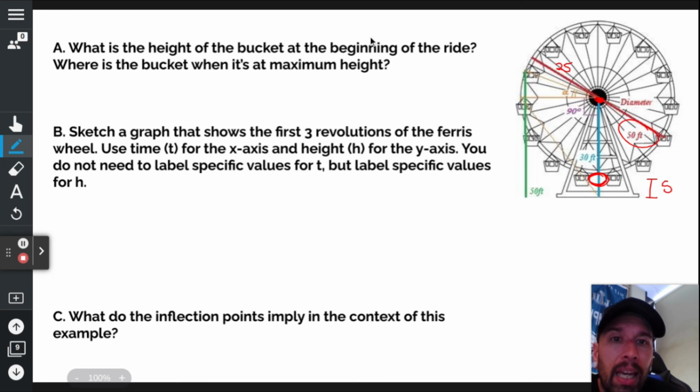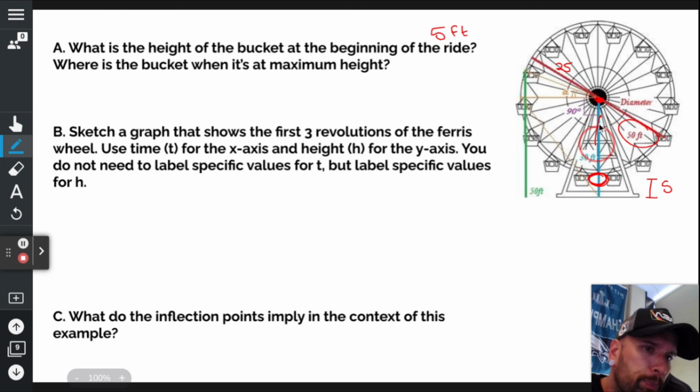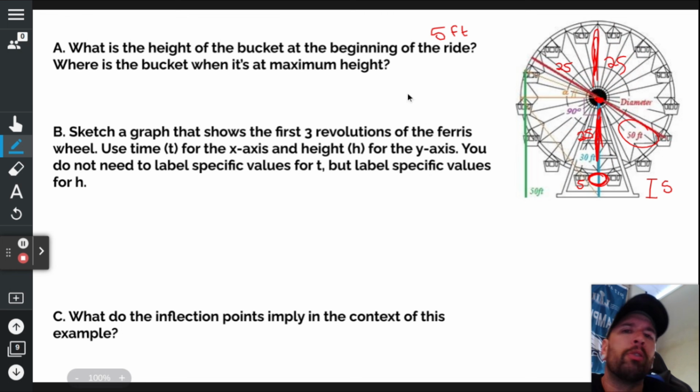So the beginning of the ride is going to be 5 feet above the ground. You're 25, you're 25, which means the maximum height is going to be 5 plus 25 plus 25, 55 feet.